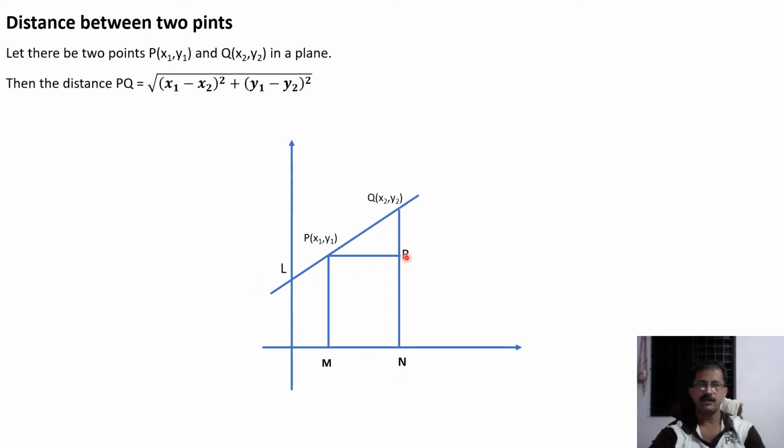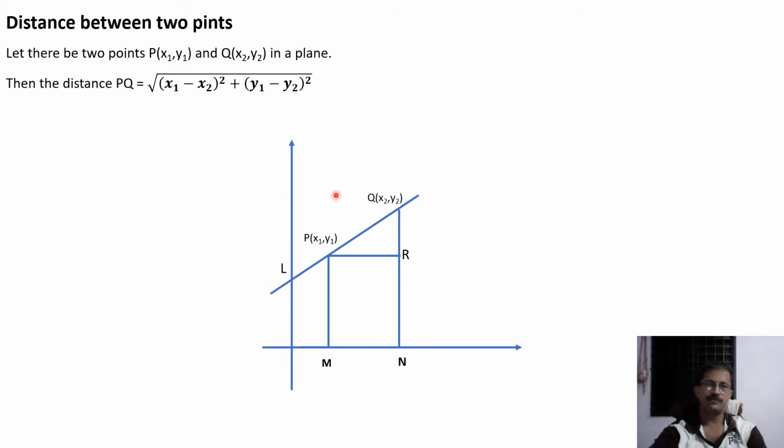at, say, R. Okay. Now when the coordinates of point P are given as x1 and y1, the distance from origin to this point M is x1. x2 is the x coordinate of Q, so the distance of N from origin is x2, and that is nothing but the distance of Q from the y-axis.